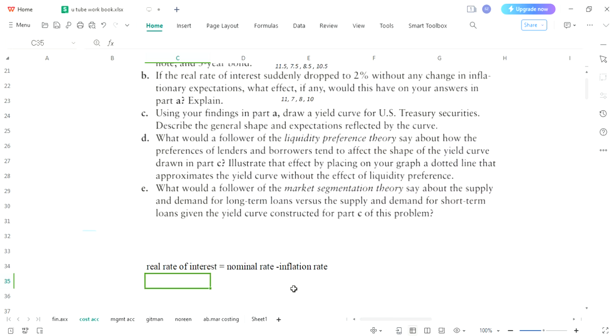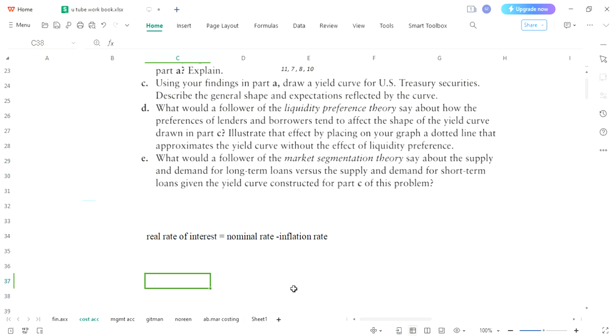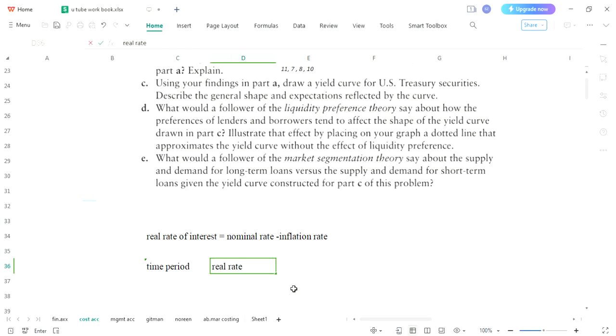Here we will discuss the time period, then the inflation rate, and then we can see the nominal rate as well.